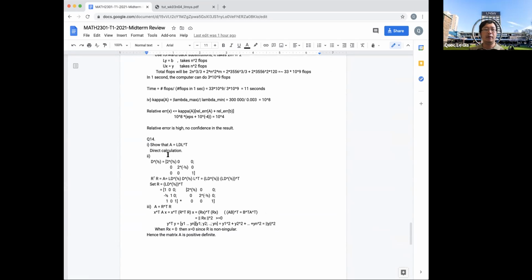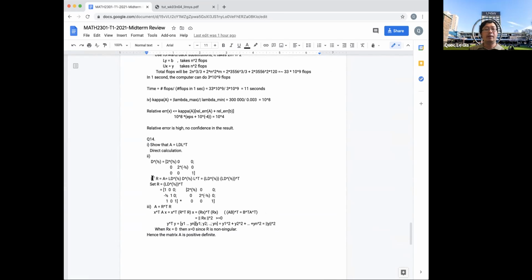I'm not going to do it. And part 2, you define the square root of the matrix D, which in this case means taking the square root of each of the diagonal entries.